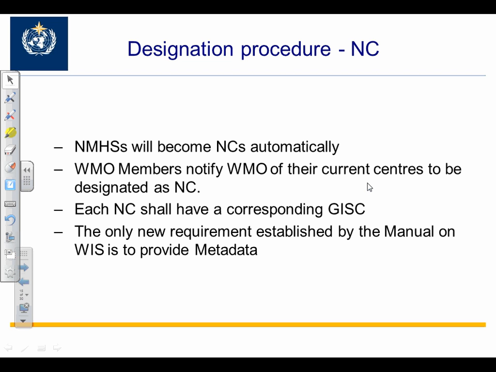As I said already, NMHSs will become NCs automatically. WMO members notify the Secretary General of their current centers to be designated as national centers. Each national center shall have a corresponding disk, and the only new requirement established by the manual on WIS is to provide metadata.